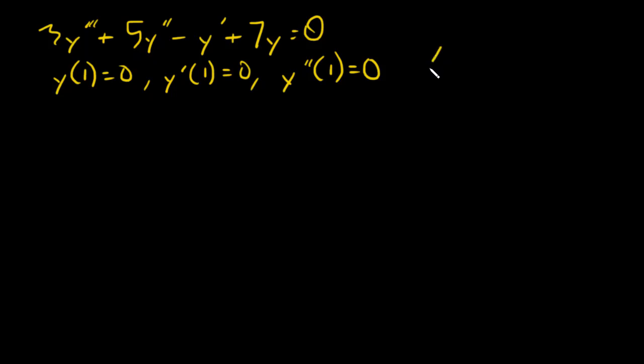So the trivial solution is just that y has to equal 0. Okay? x equals 1 is in the interval of solutions for this, because this is from negative infinity to positive infinity. That's the interval that this is defined over.